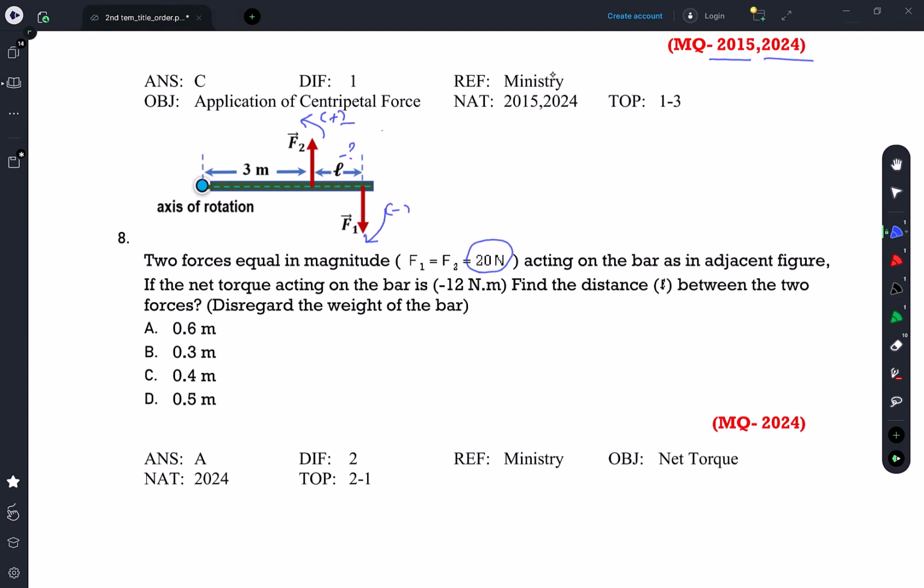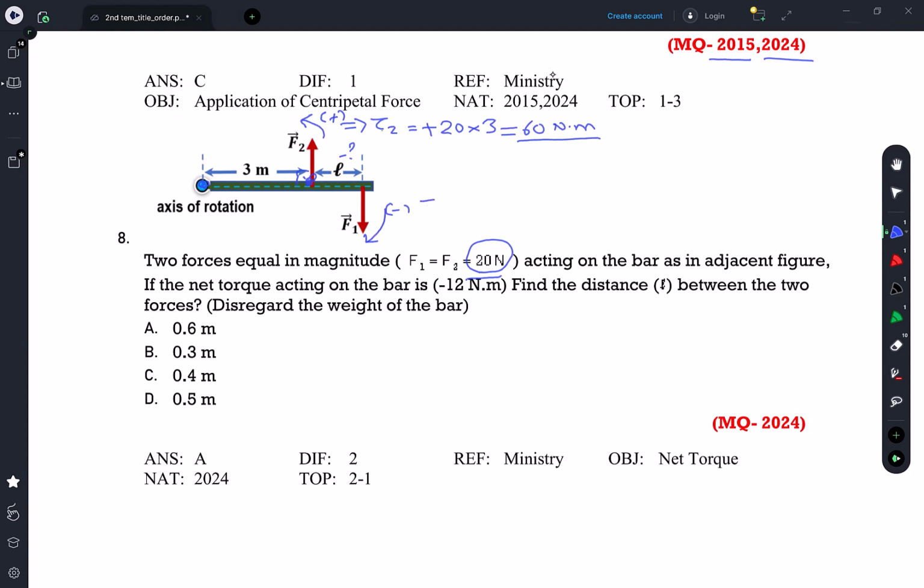Let's calculate them, and after that, I'm going to add them and make them equal to the torque given. So torque 2 is positive, force F2 is 20 Newton, it's given in the question, and distance from the force to the axis of rotation is 3 meters. Angle is 90, sine 90 is 1, no need to write. So the result is 60 Newton meter, positive.